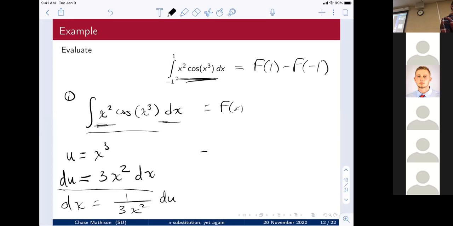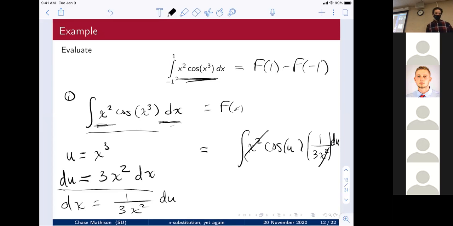Cosine of x cubed is cosine of u, and dx is 1 over 3x squared du. Then x squared cancels with x squared, and I'm left with the indefinite integral of 1/3 cosine of u du.